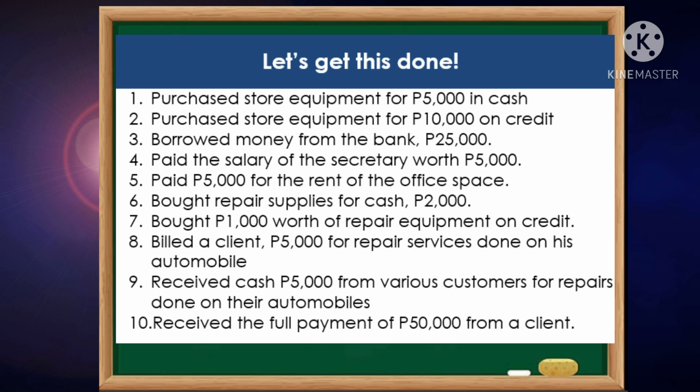Our second case is purchase store equipment for 10,000 on credit. Is it a monetary event? Yes, it is. Does it affect the financial position of the business? Yes. Then what is the value received and the value parted with? The business received store equipment and the value parted with is an obligation or debt.